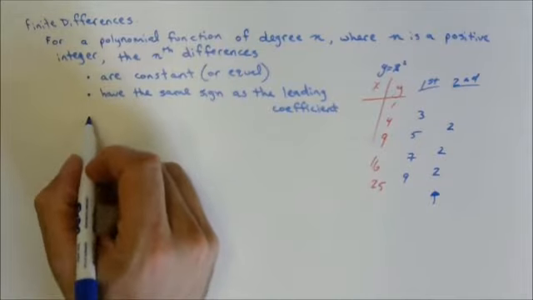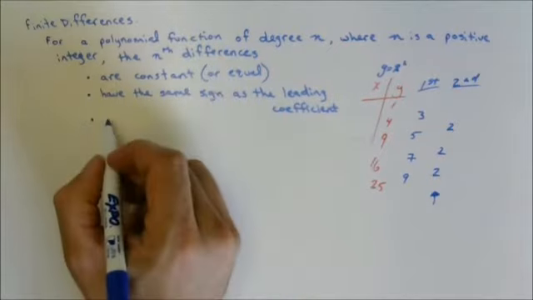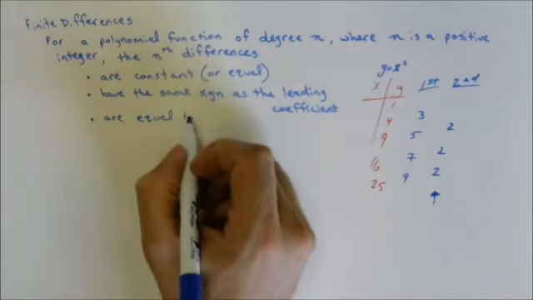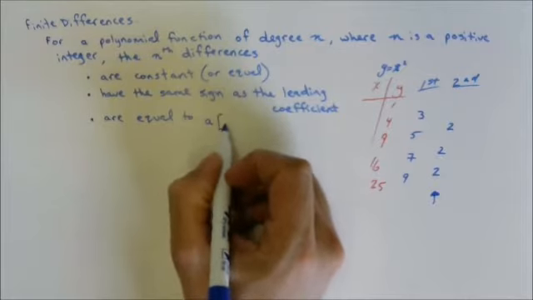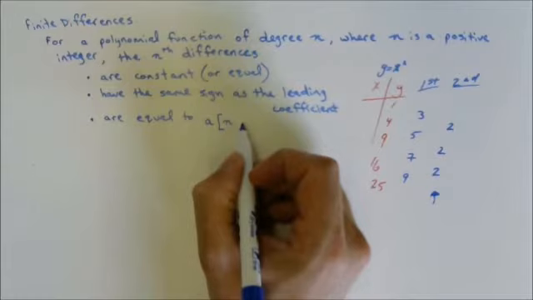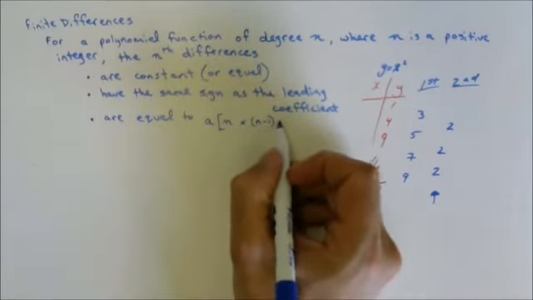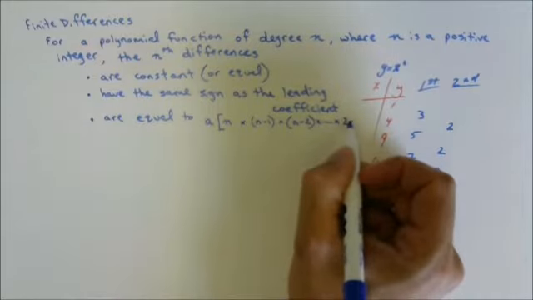Here is another interesting thing that we're going to be using quite a bit. The nth differences are equal to a, and then in square brackets, n times n minus 1 times n minus 2, all the way to times 2 times 1.